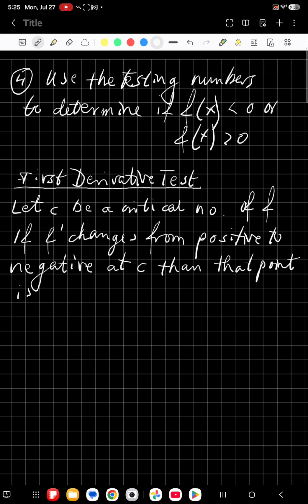Think about it. Maybe pause the video. Is that going to be a relative maximum or minimum?